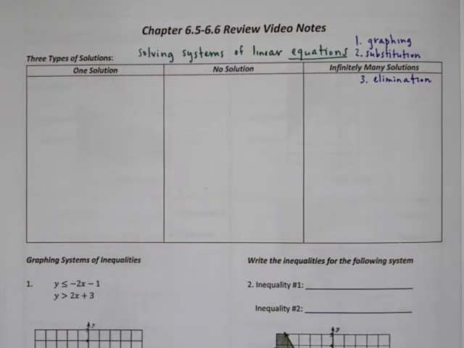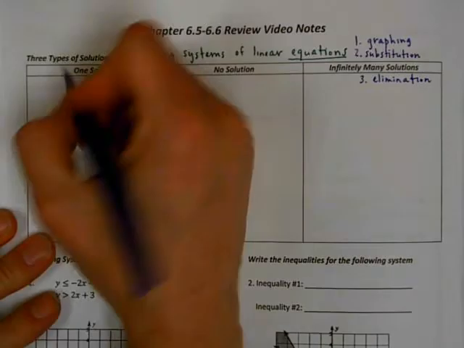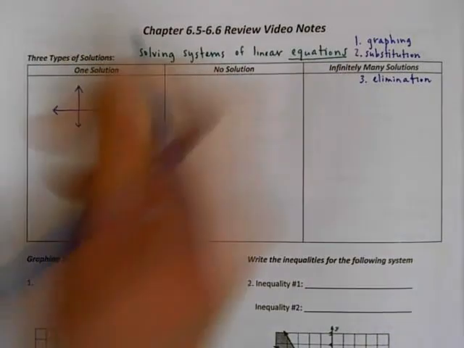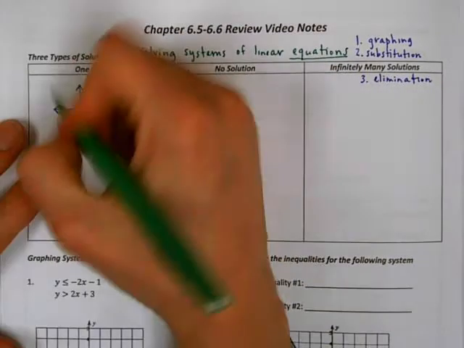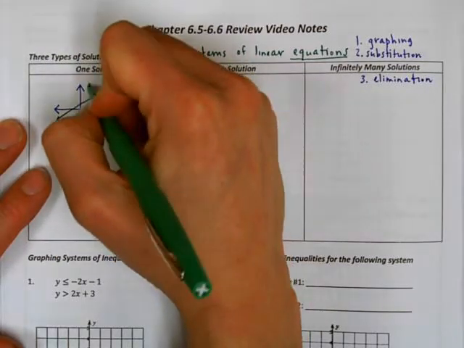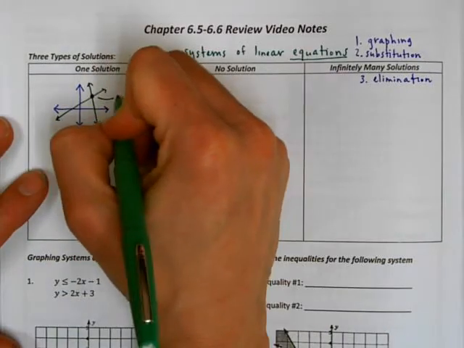The first is that we could get one solution, and this is where we really started in the chapter. So one solution meant that if I graphed my system, I would get two lines that intersect at one point, and we called that point the solution.